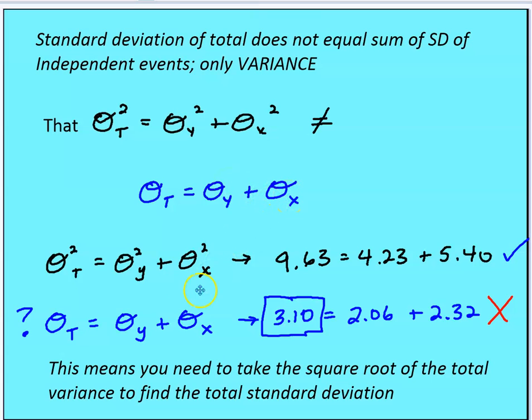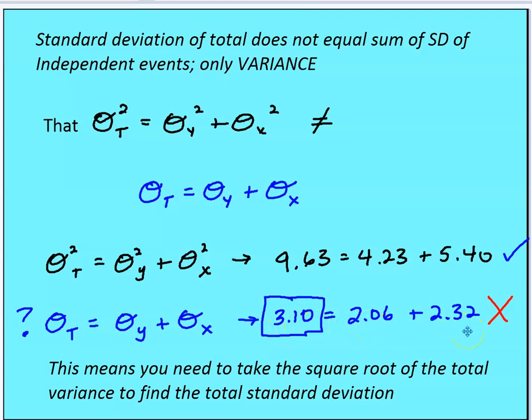What we have to do, and you can see that mathematically, if we take a look at the 2 values, the variance for the total versus the standard deviation for the total. The standard deviation is actually 3.10, but that does not equal the sum of the standard deviations. The variance, however, does.